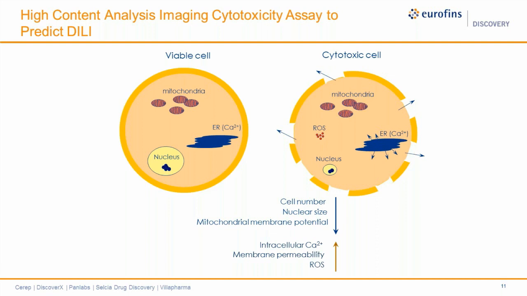This cartoon illustrates what happens when healthy cells are undergoing cytotoxic attack. In general, we will see a decrease of cell number due to cell death or inhibition of cell proliferation. We also may observe a decrease in nuclear size, which is the result of chromatin condensation, one of the hallmarks of apoptosis.